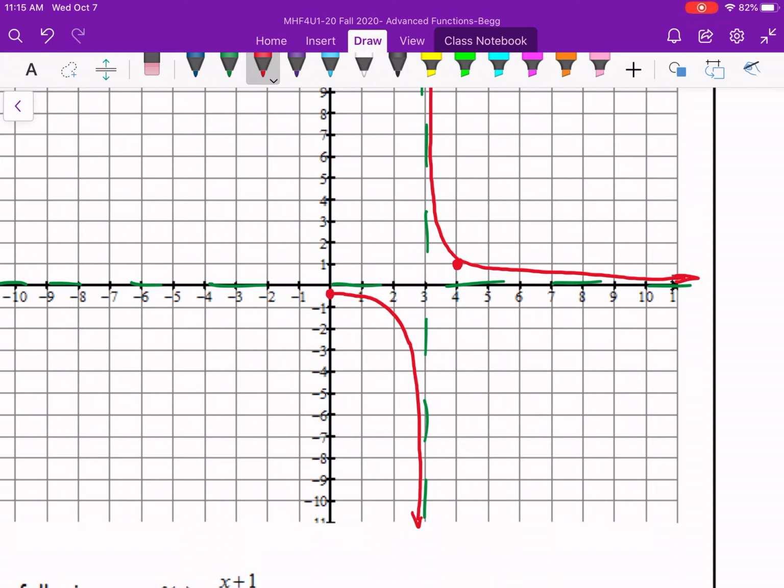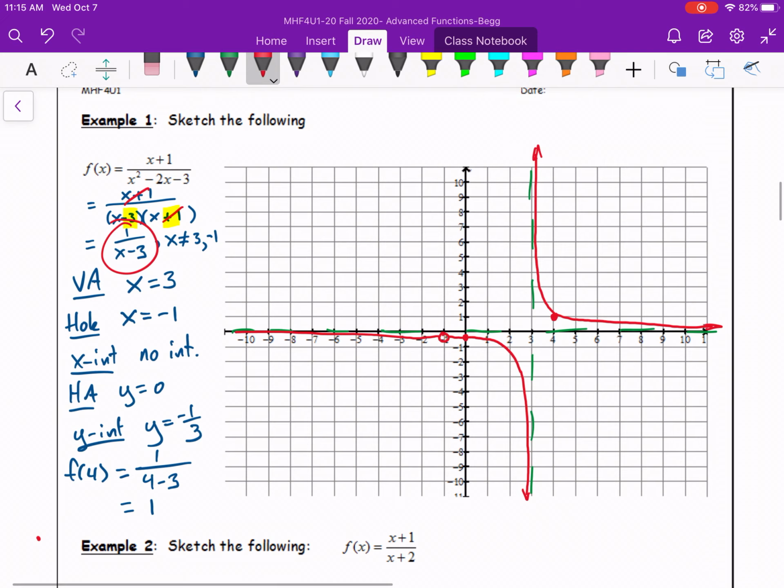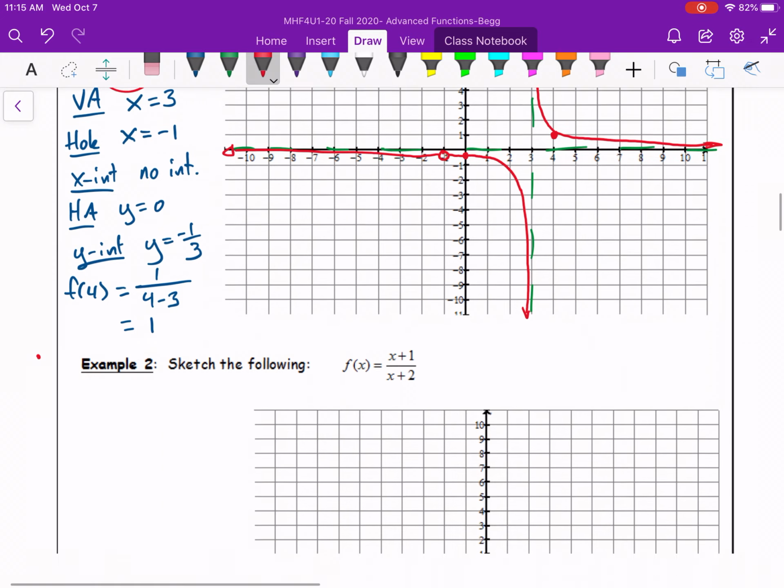Now I'm going to expect to get closer and closer to the x-axis from below, but remember we have a hole at negative 1, so I'll represent that with an open circle and sketch it in like this, and there's my function. And I can always check it on Desmos later if I'm curious, but that fits all the criteria that I had. So that's how we can sketch things using the information we have.